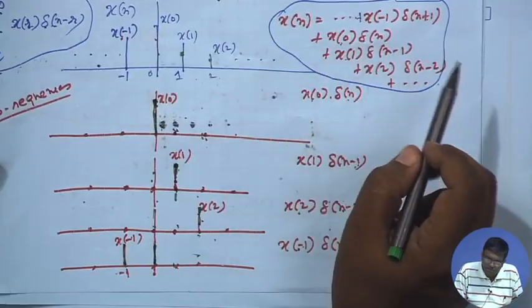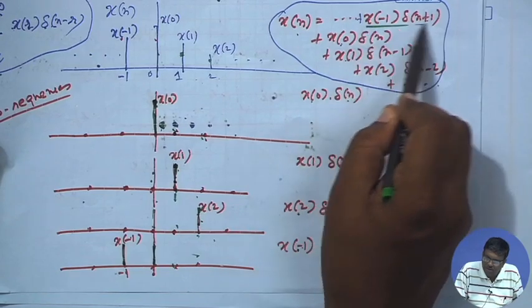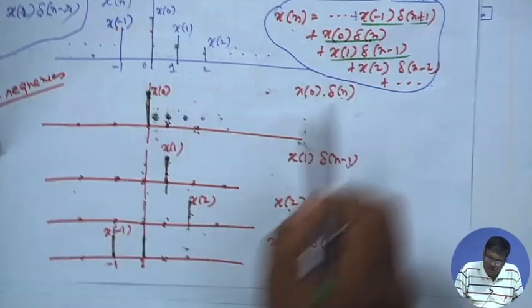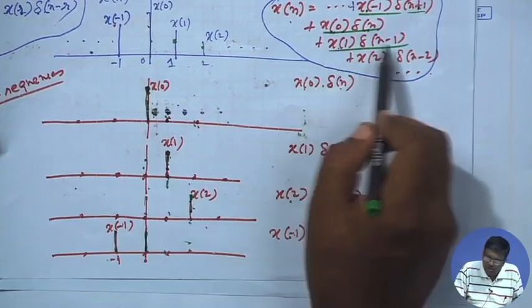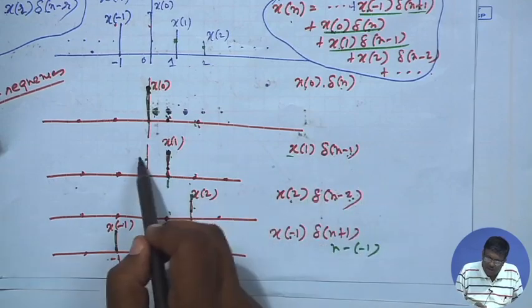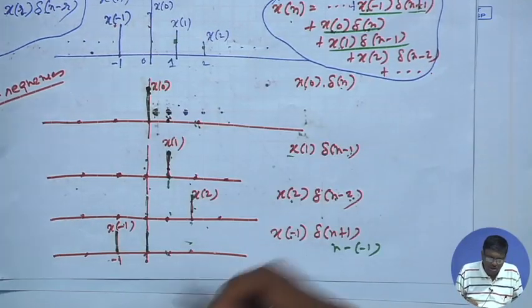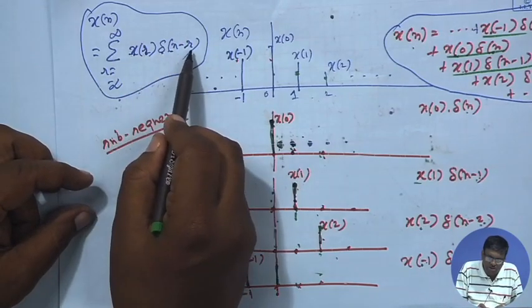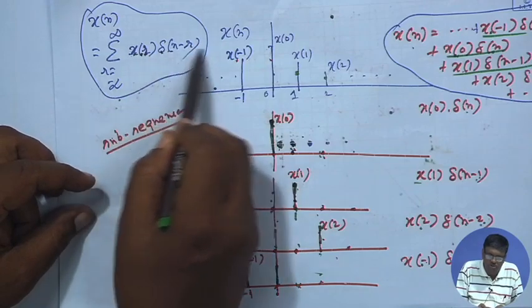That means, the original sequence x[n] is a superimposition of various subsequences. One is x[0] into delta[n], this one is x[minus 1] delta[n plus 1], this one is x[1] delta[n minus 1], x[2] delta[n minus 2], this one. So, we can write in a compact manner in this way, x[r] delta[n minus r], that is x[0] delta[n minus 0], x[1] delta[n minus 1], x[2] delta, like that.